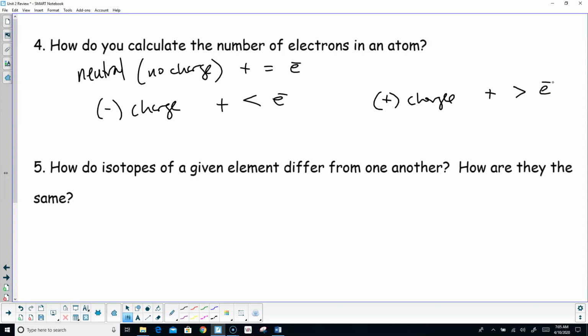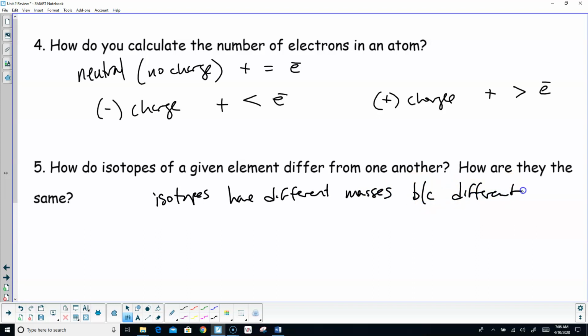Okay. Number 5, how do isotopes of a given element differ from one another? Isotopes have different masses because they have different numbers of neutrons.